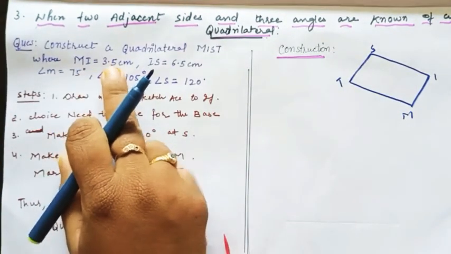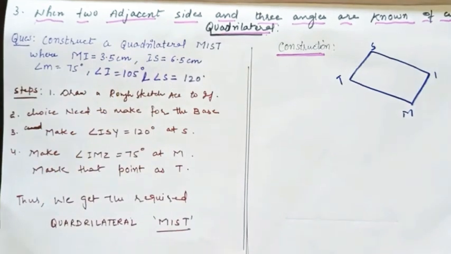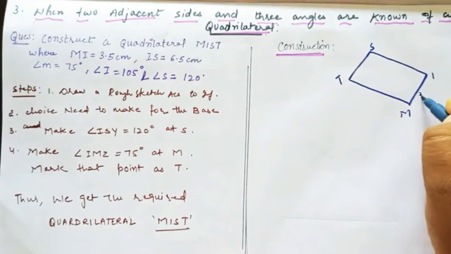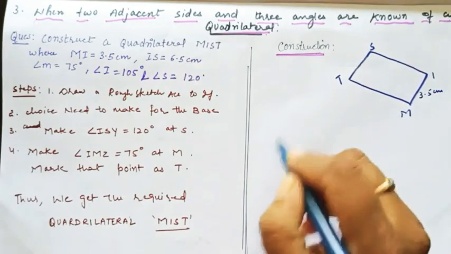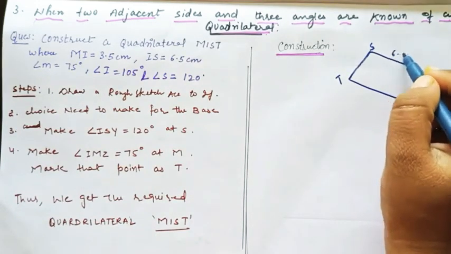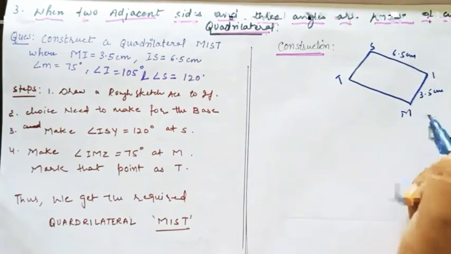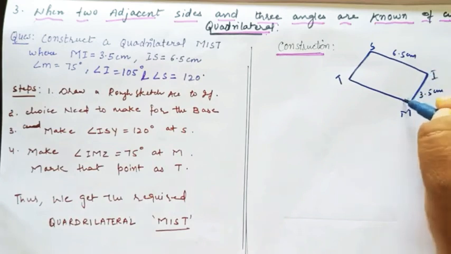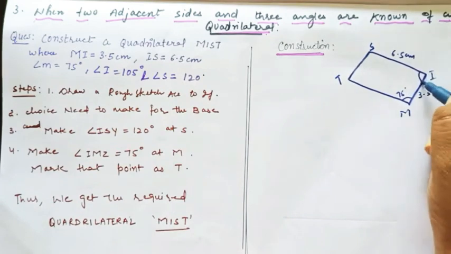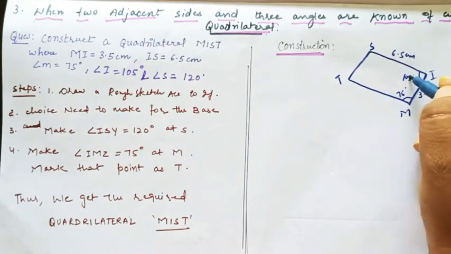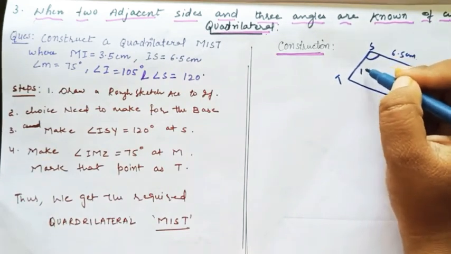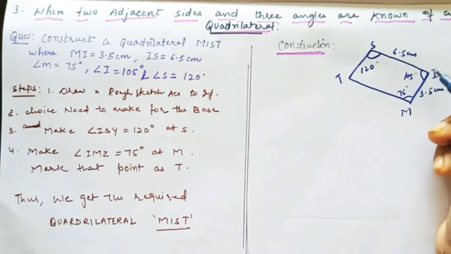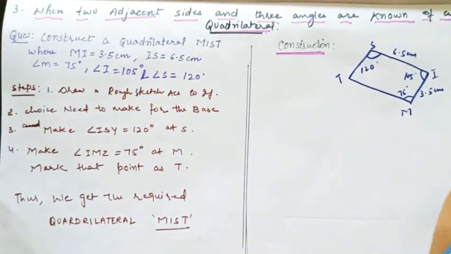MI is equal to 3.5 centimeters, IS is 6.5 centimeters, angle M is 75 degrees, angle I is 105 degrees and angle S is 120 degrees. These are the given measurements. So according to the given condition I have made a rough diagram.